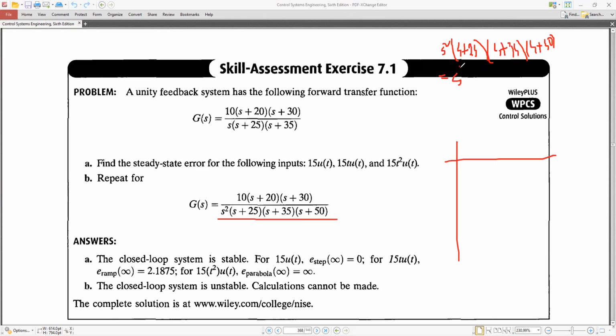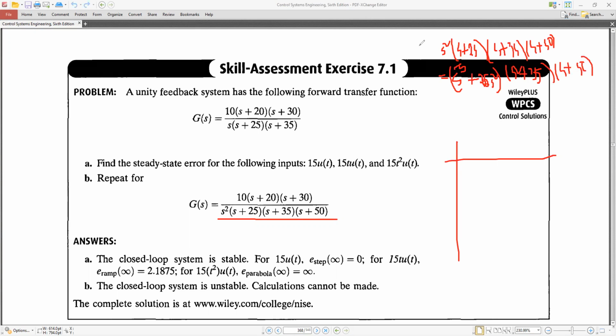So s cube plus 25 s square, into s plus 35.